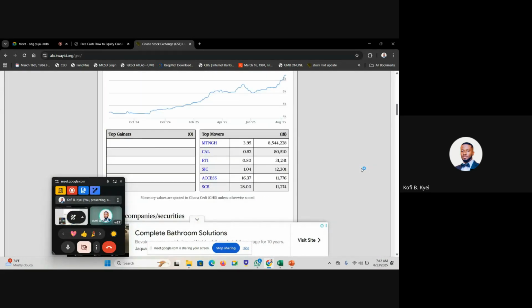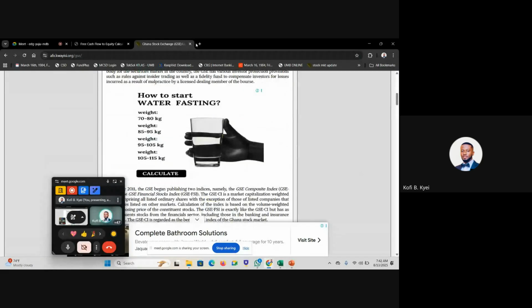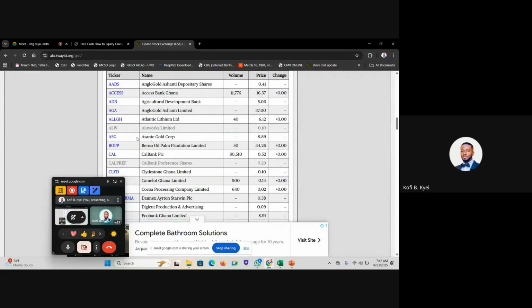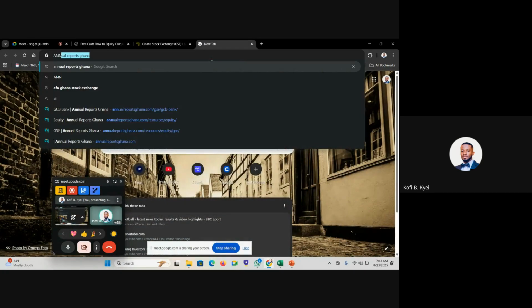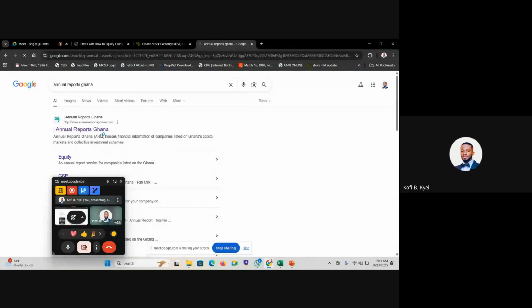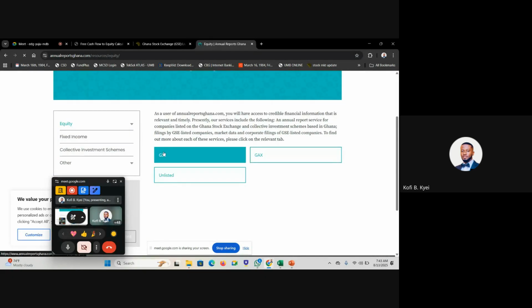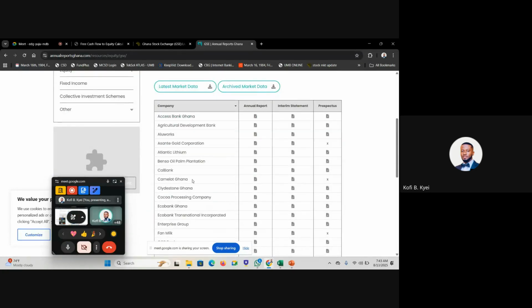All the information you need about the Ghana Stock Exchange is there, including price trends, market information, everything. If you click on your stock, you get the information. Then annual reports Ghana. You also visit that site. You go to equity, Ghana Stock Exchange as a GSE. Select the company that you want to analyze.